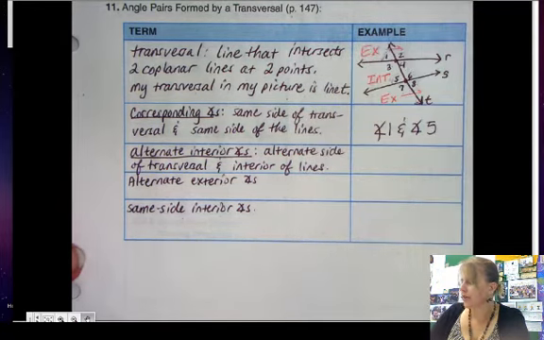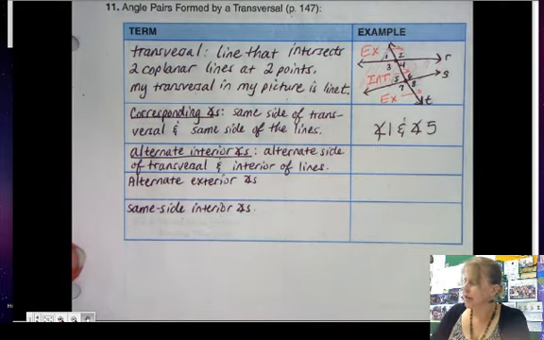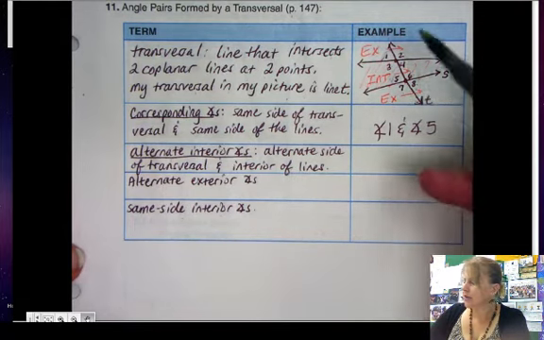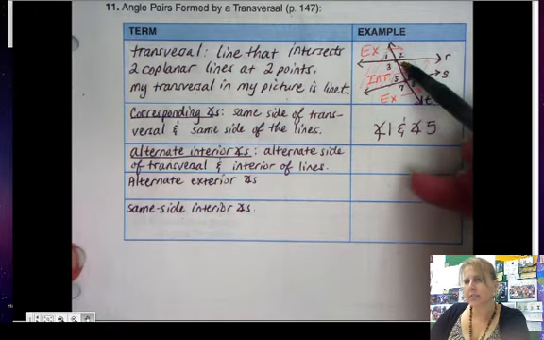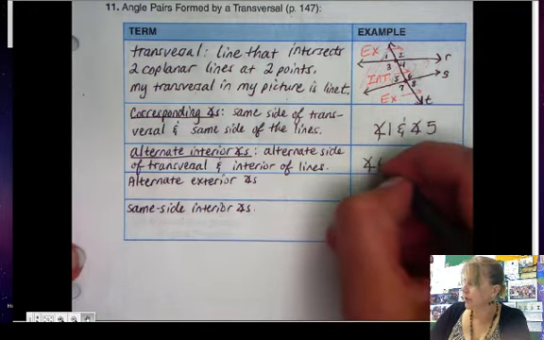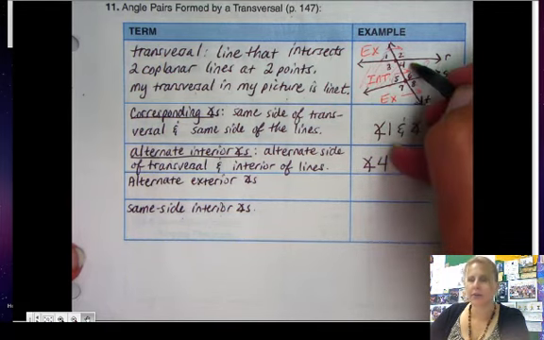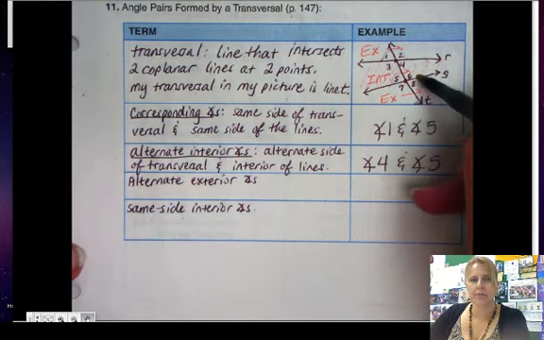Those are exterior angles, okay? So interior and then exterior. So alternate interiors are on alternate sides. So 5 and 4 are on alternate sides of the transversal, and they're also interior. So angle 4 and angle 5 are alternate interior angles. Also angle 3 and 6 are alternate interior angles.